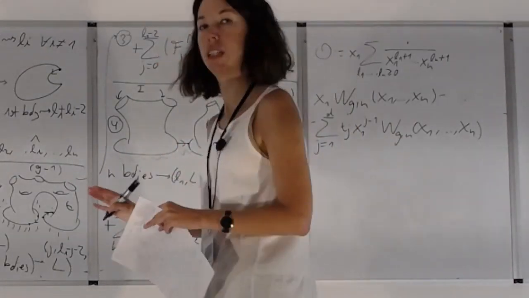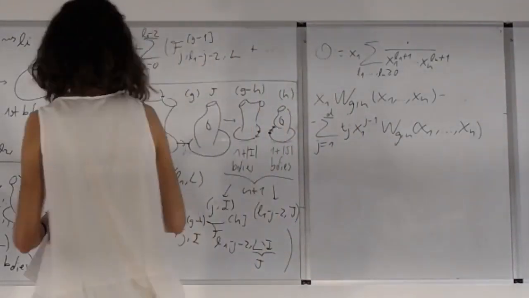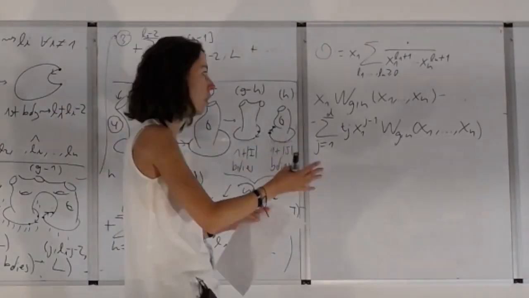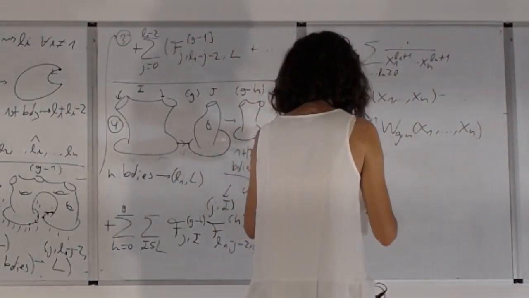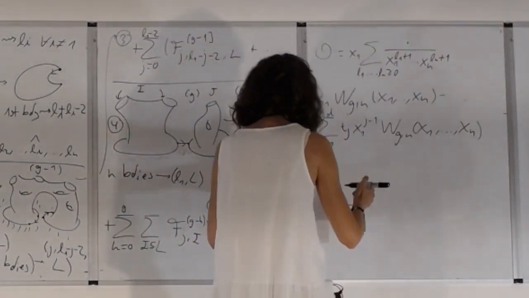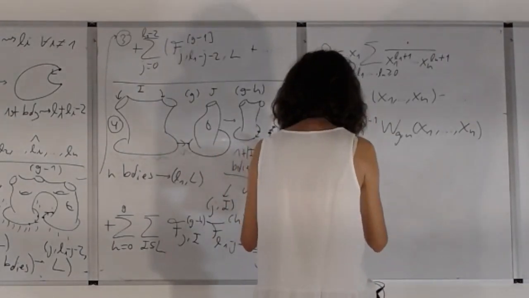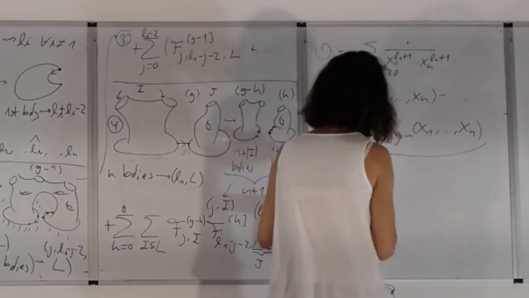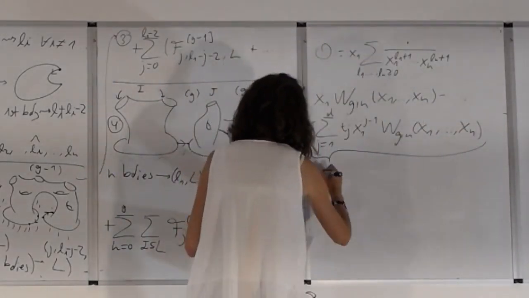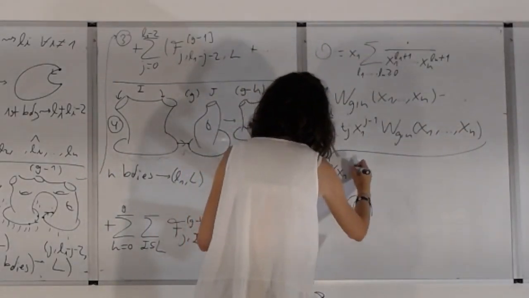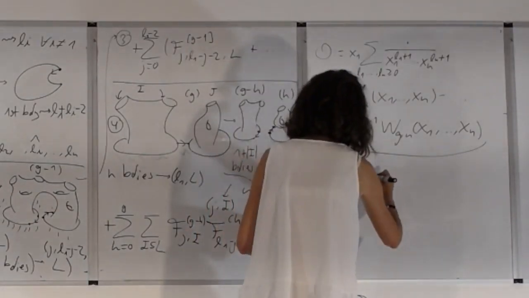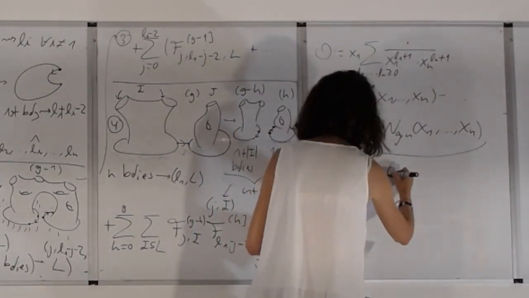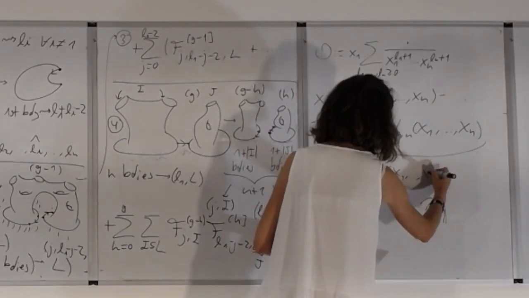There are some terms that are a bit difficult, so I don't expect people who have never done it to see them directly. I will just leave that as work for you to complete. So this whole thing is now v prime of x1 times W_{g,n}(x1, ..., xn).